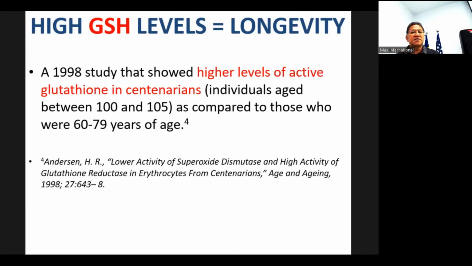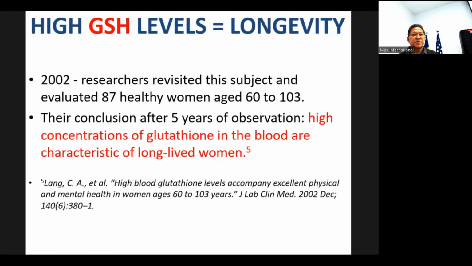This is based on 2 studies. The first one in 1998 shows that healthy centenarians had higher levels of the active form of glutathione, and the levels were comparable to those who were 30 to 40 years younger. The next study was a prospective study.